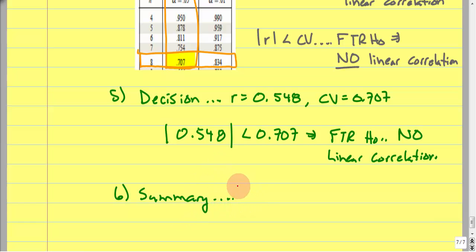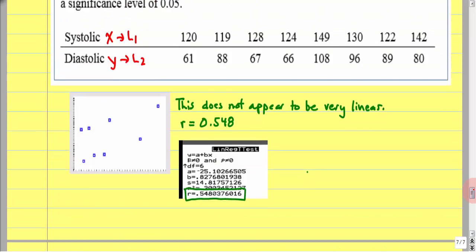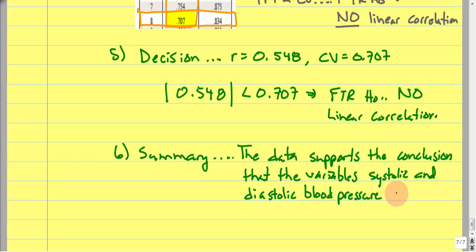The data supports the conclusion that the variables, and our variables here in this particular case were, to refresh my memory, systolic and diastolic blood pressure, are not linearly correlated.